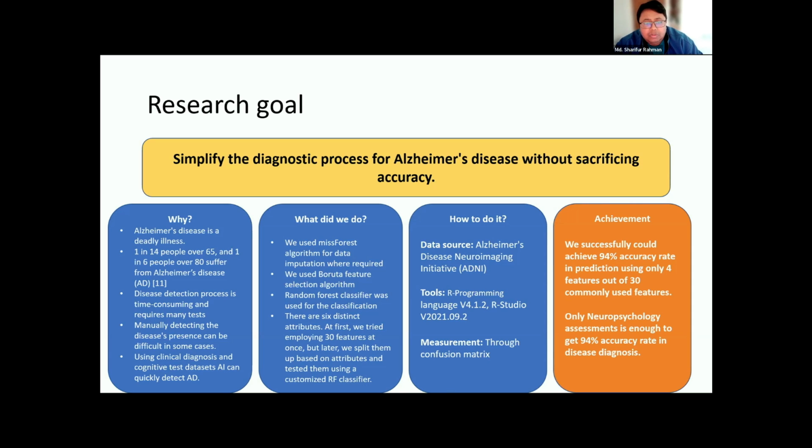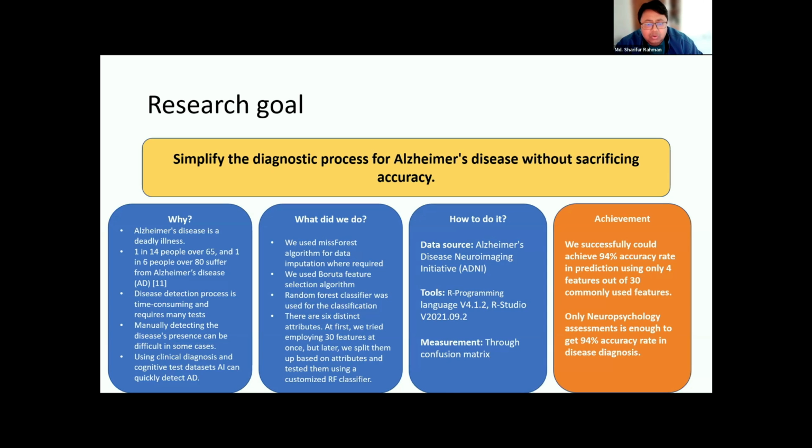And we used the Boruta feature selection algorithm to select the features. That means we had 30 features. So in between these 30 features, we tried to take the important features with the algorithm. Finally, we used the random forest classifier for the classification purpose, and we tuned it. And there were actually 6 distinct types of data with 30 different features.